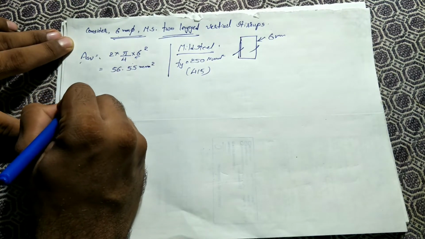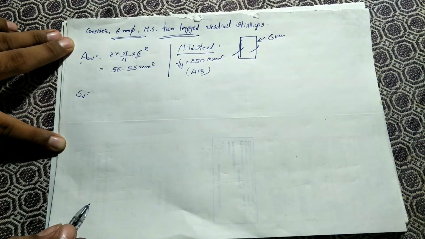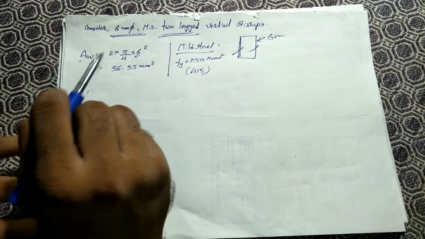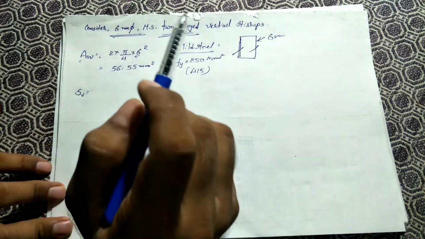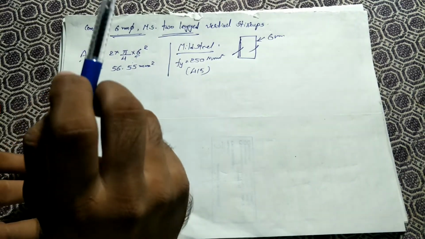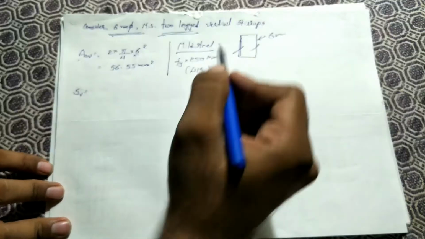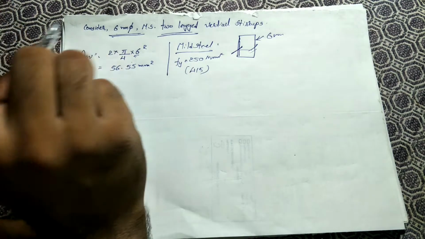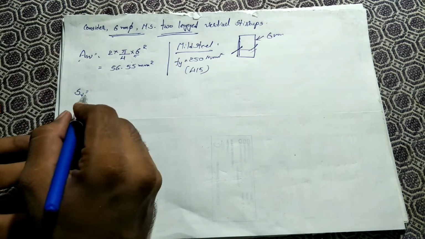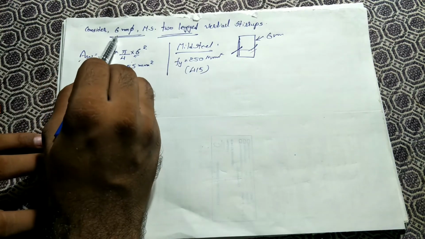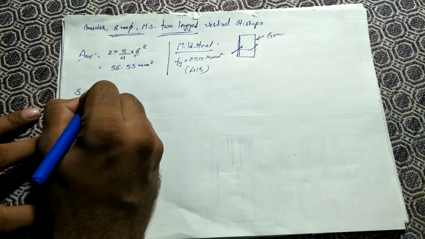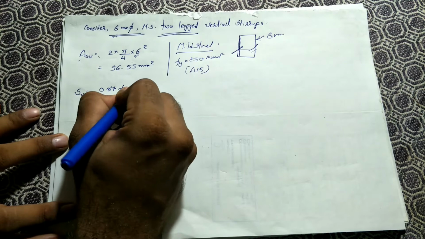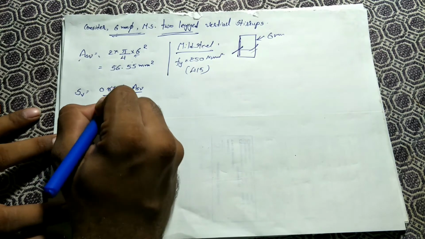Now Sv. Yesterday, in my previous video, I told you that in the design of shear reinforcement, in the calculation you have to give a spacing to your vertical stirrups. In the last step you have to give spacing, and this diameter you have to assume. So Sv is equal to 0.87 fy into Asv divided by 0.4 b.